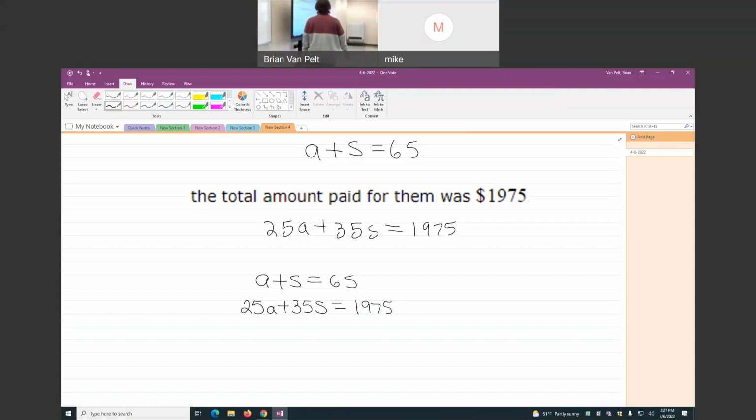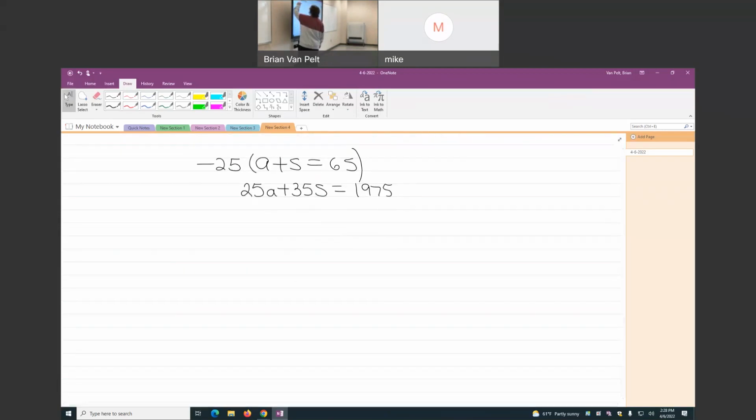So I'm going to use elimination, and what I did is I multiplied the top equation by -25. I didn't need to bother multiplying the second equation, since it's already going to have the 25 in front of it. So what do I get for these two equations?